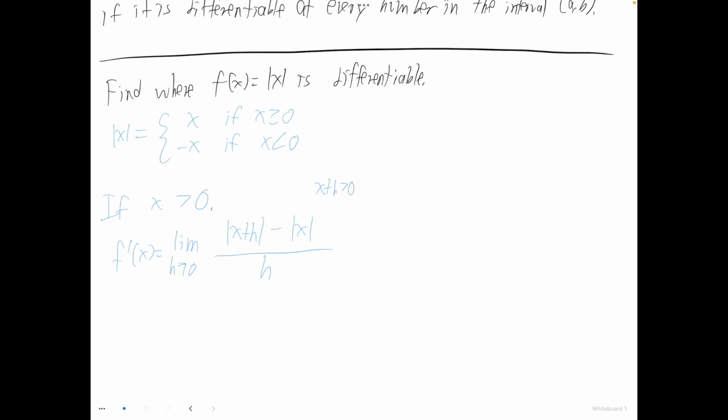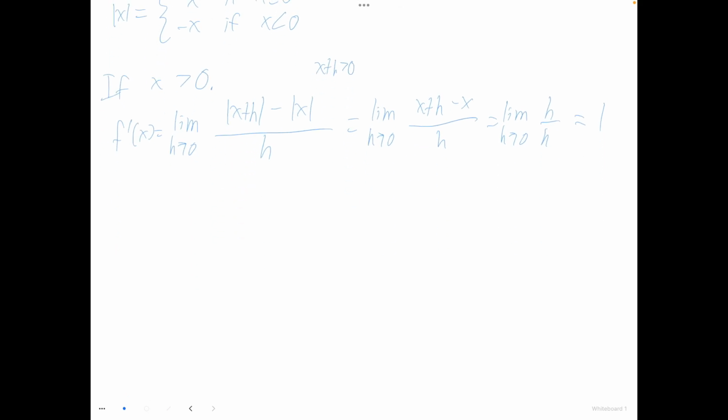Just make it small enough that x plus h is still greater than 0. Because of that, this is the limit as h goes to 0 of x plus h minus x, divided by h, which is just the limit as h goes to 0 of h over h, which is 1. And so if x is greater than 0, we get a value of 1.